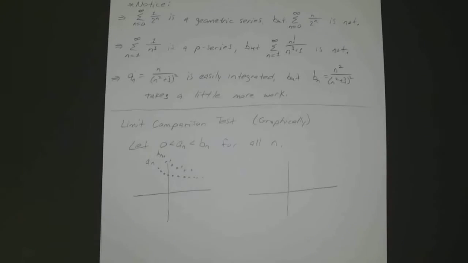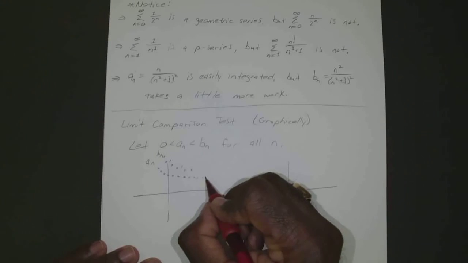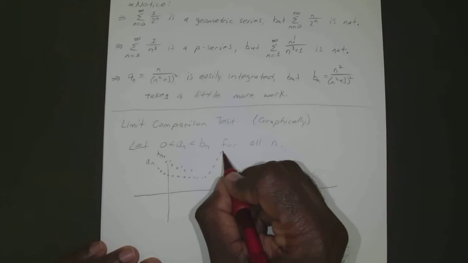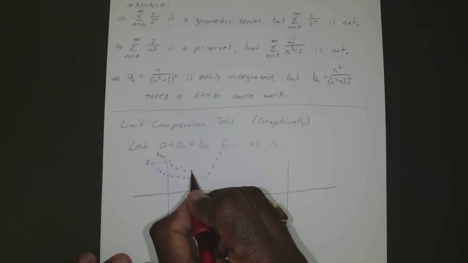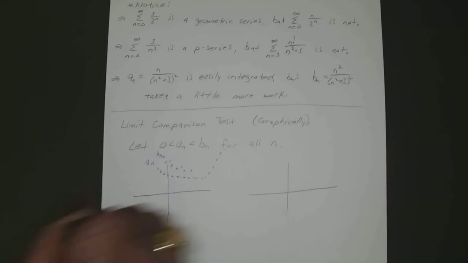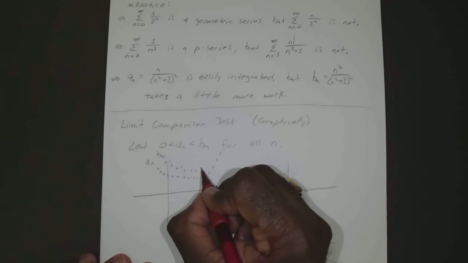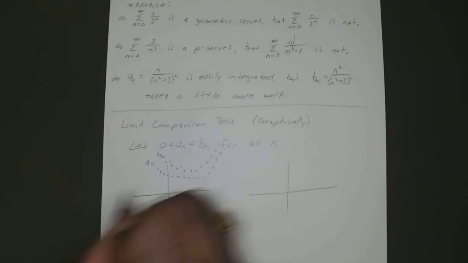Let's say we know that our a sub n diverges all the way up to infinity. Now, if a sub n is less than b sub n for every n value, then if this is diverging upwards, then this one's going to diverge upwards.